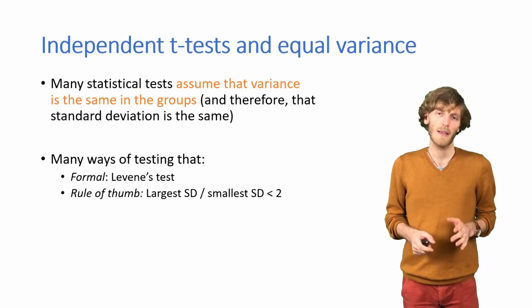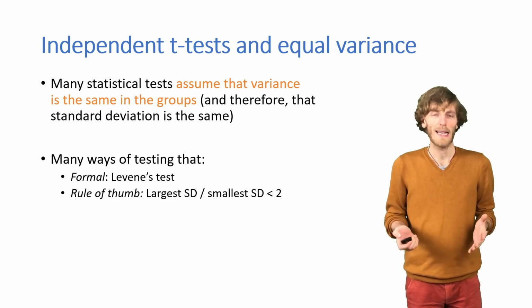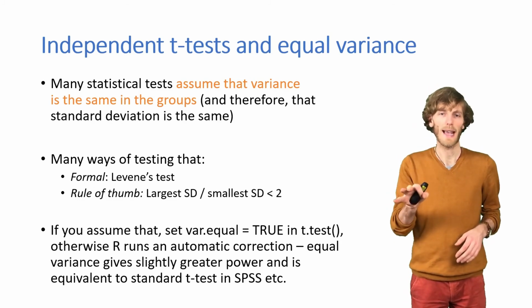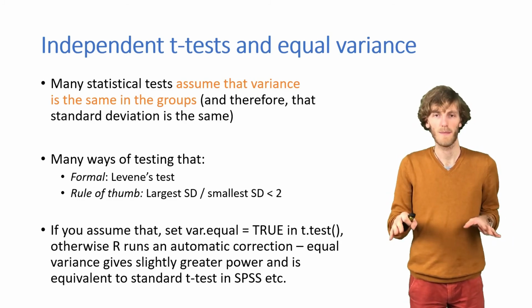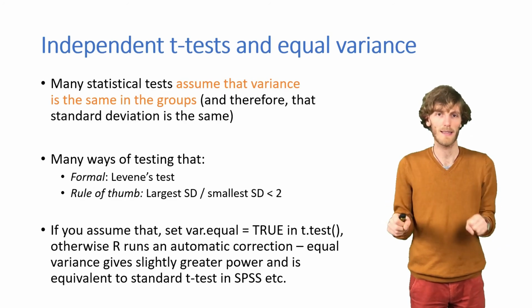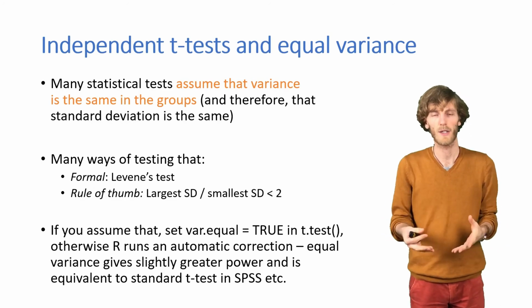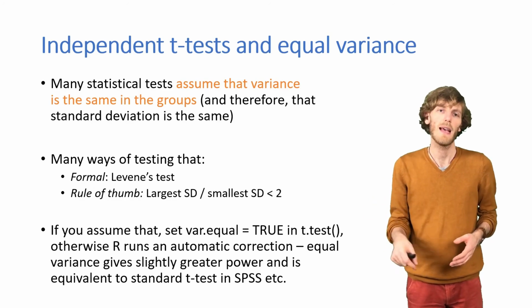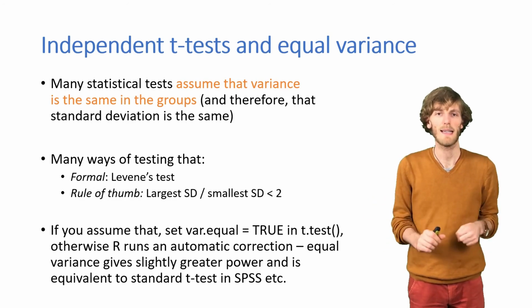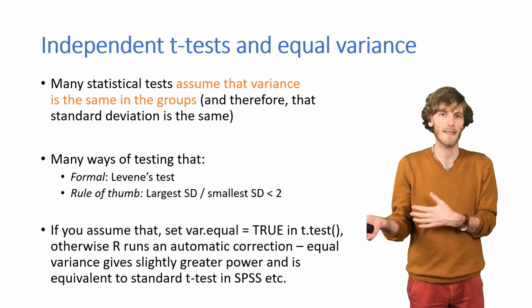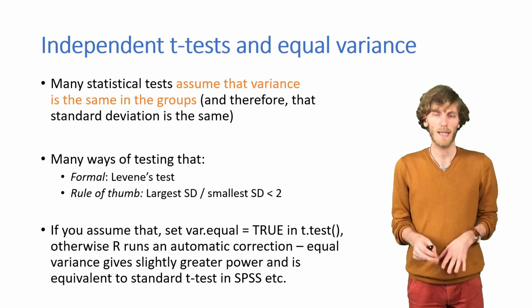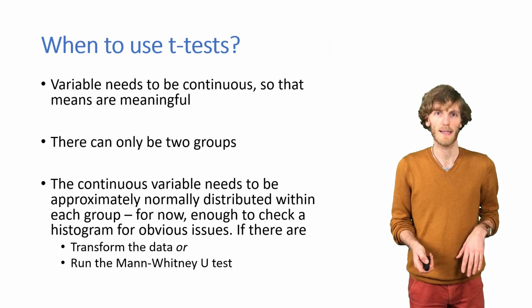If we do, we can assume equal variance in the groups, which we should then tell R, because R by default doesn't assume that. So we should then tell R by setting the var.equal argument to TRUE. And with that we then get a standard t-test that's then also comparable to what SPSS and other statistical software packages give us.